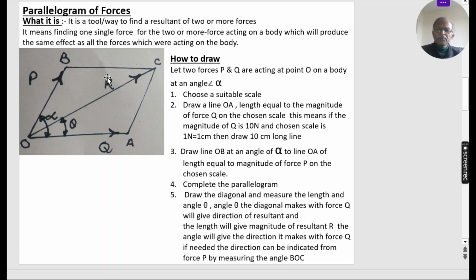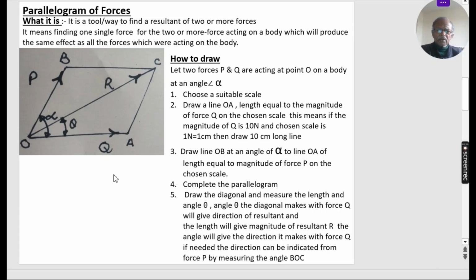Means, if we apply a force R on the body, it will give you the same effect as the force P and Q together were giving. Okay. So this is the law of parallelogram, and how it is drawn I have told you.